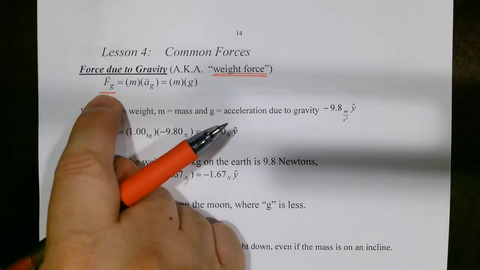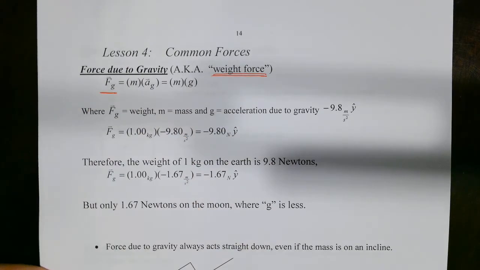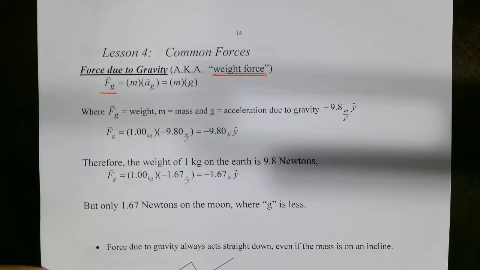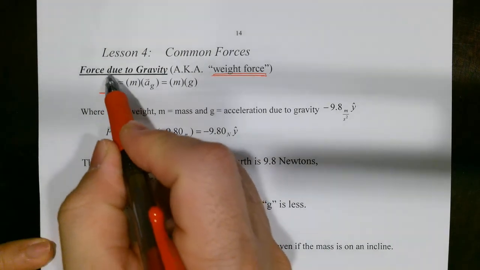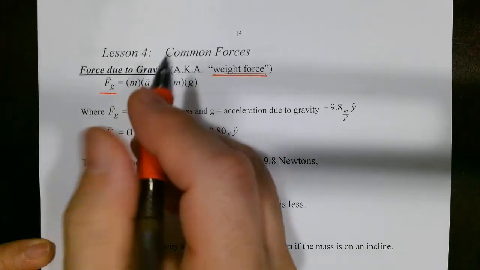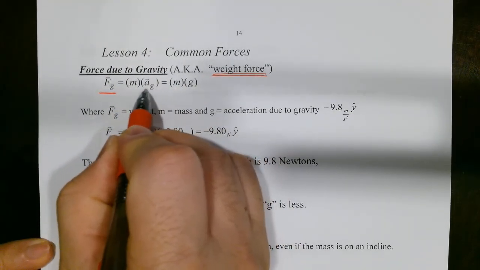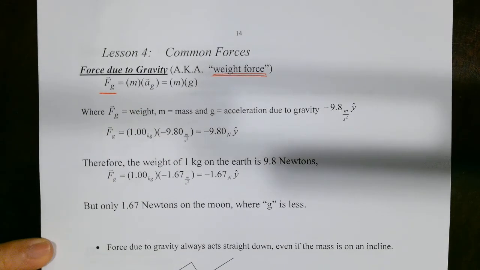This is not F times g, this is F sub g, it's a subscript. All right? And that F sub g, or force of gravity, or force due to gravity, is equal to the mass times the acceleration caused by that gravitational force.